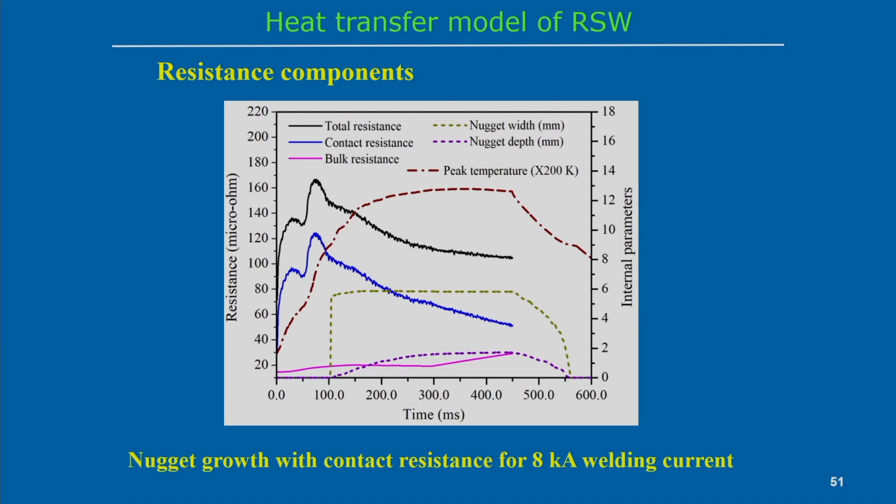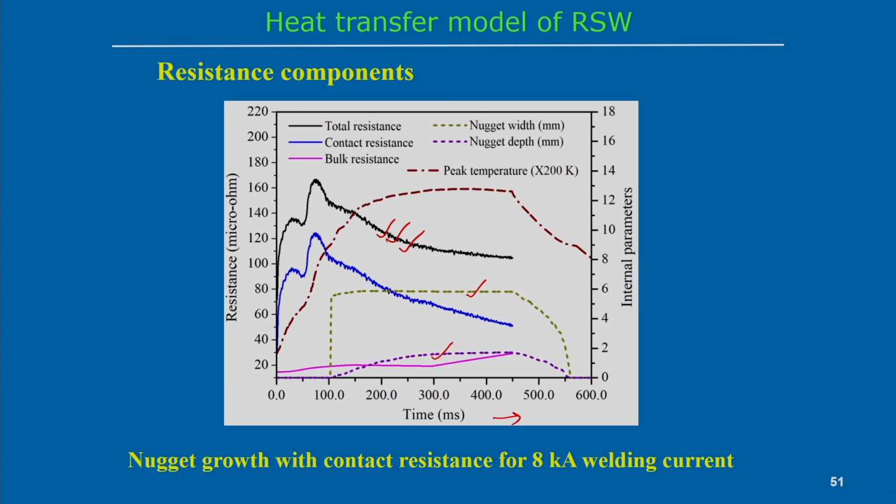Here, the total resistance measured through the experiment is this curve. This is the nugget width and this is the nugget depth, and we are plotting time versus resistance.